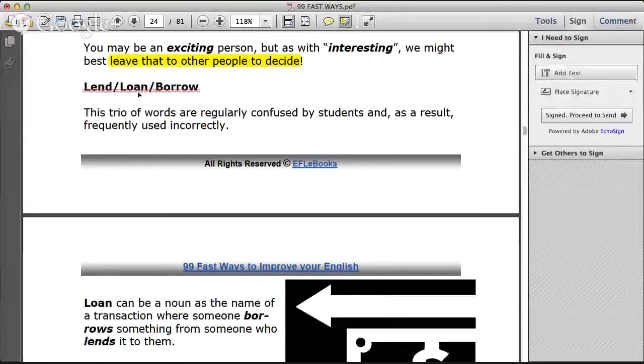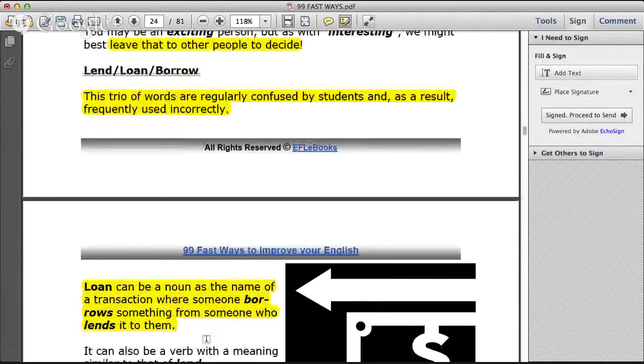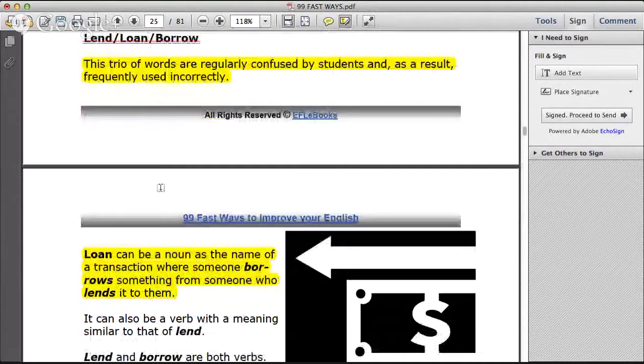Let's have you read from this trio down to here. So it says this trio down to "to themselves." Please. These three words are regularly confused by students and, as a result, frequently used incorrectly.